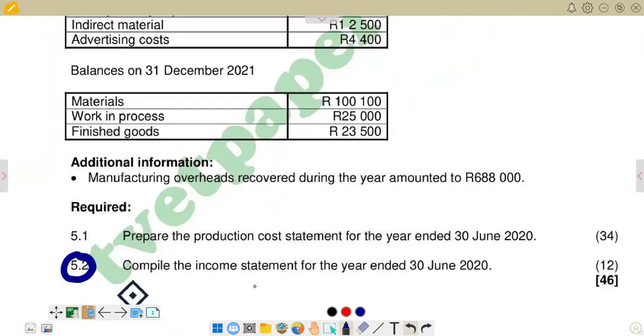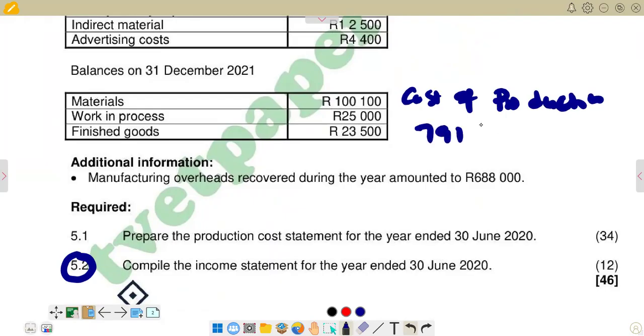So we are just going to set those figures. Remember, for the finished goods, according to part A, which is part 5.1, our cost of production of finished goods we found as 791,200.